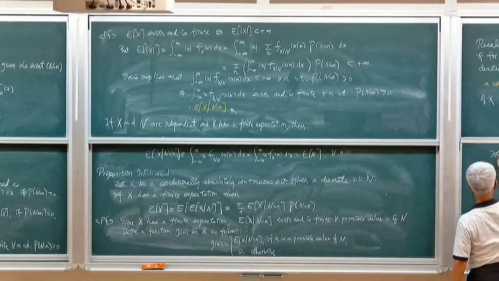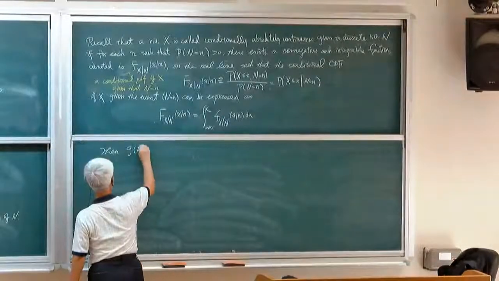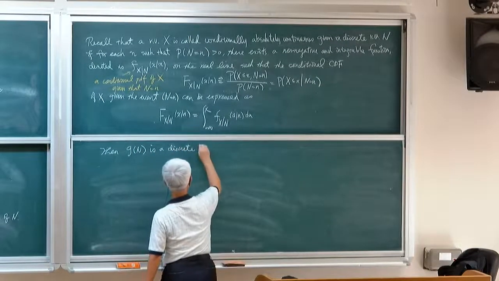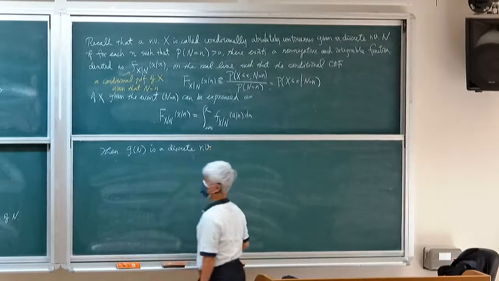All right, so then g of N is a discrete random variable.